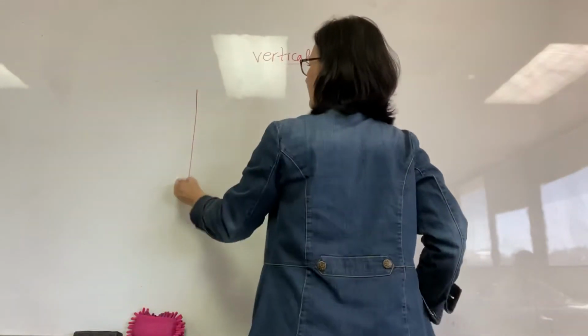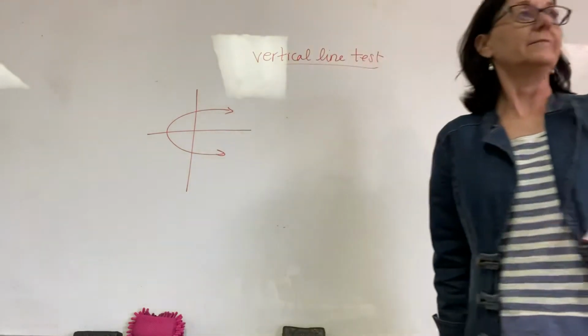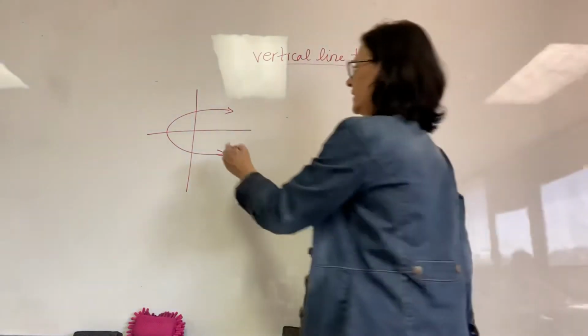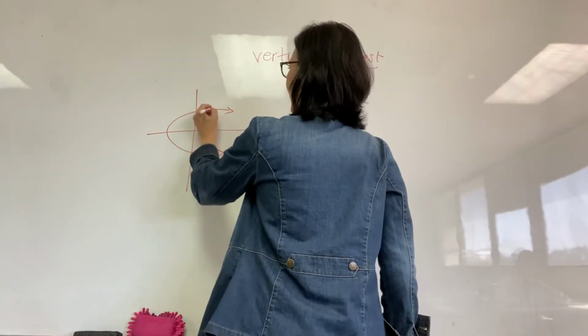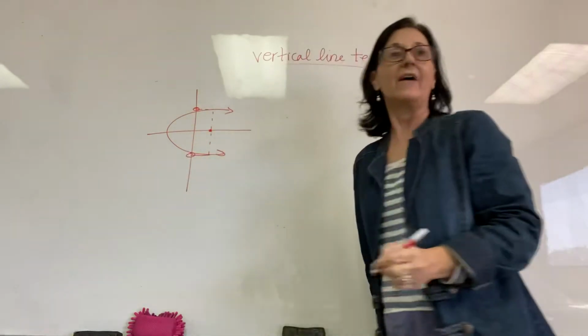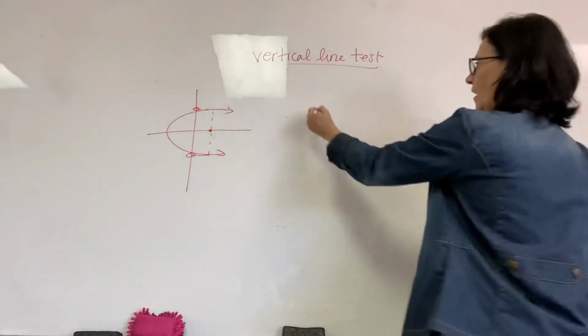All right, this would not be a function because this X value here has this Y value and it also has that Y value. You see that? All right.